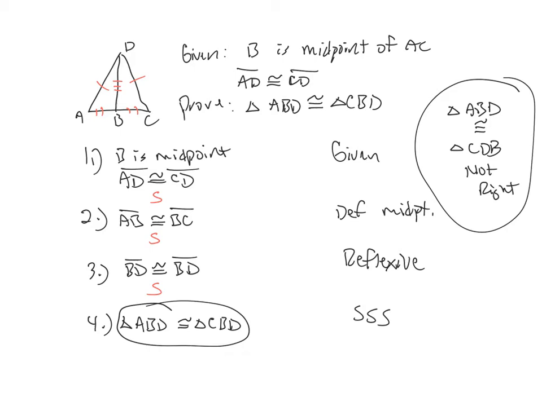Okay, so there's another triangle theorem, Theorem 5.9. It's called Hypotenuse Leg, or HL. Excuse me.